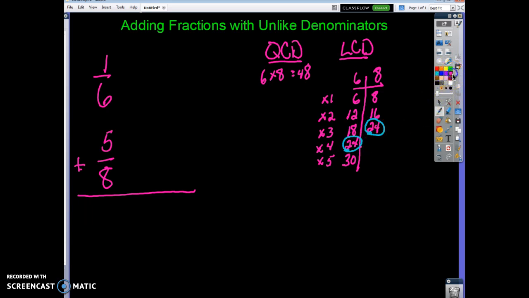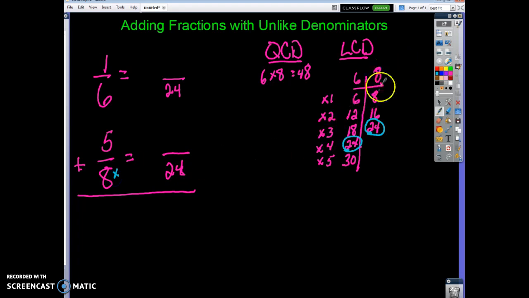What that means now is I need to rewrite these two fractions, 1/6 and 5/8, as equivalent fractions where 24 is my denominator. So let's go ahead and do that, just like we did yesterday. We said 8 times what equaled 24.